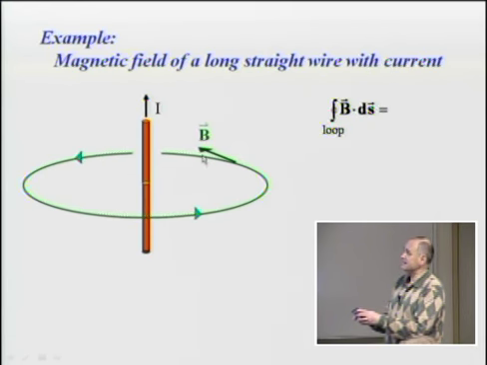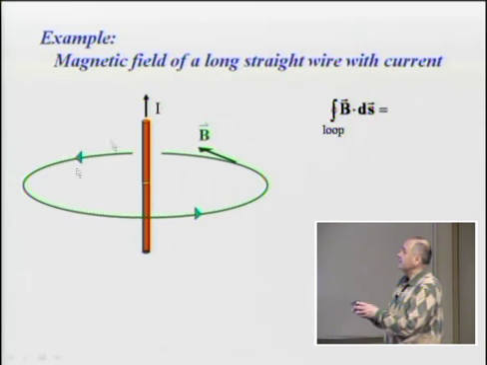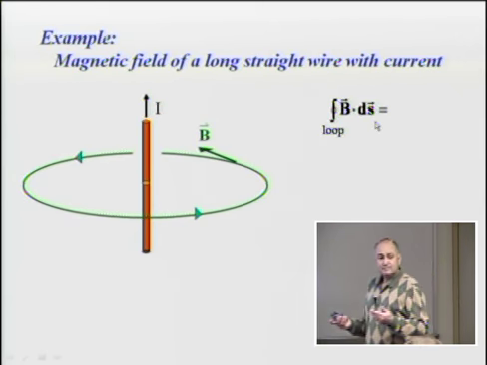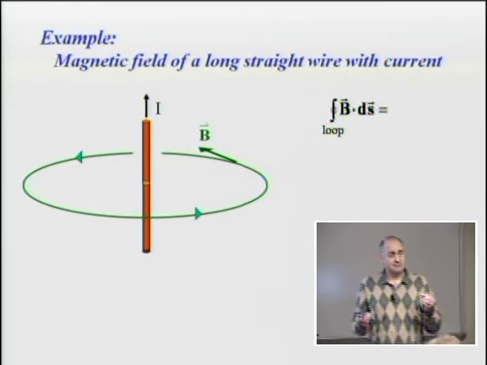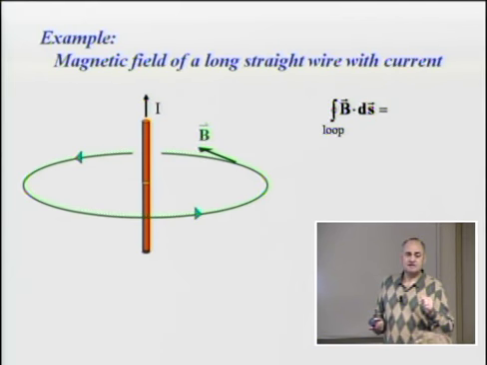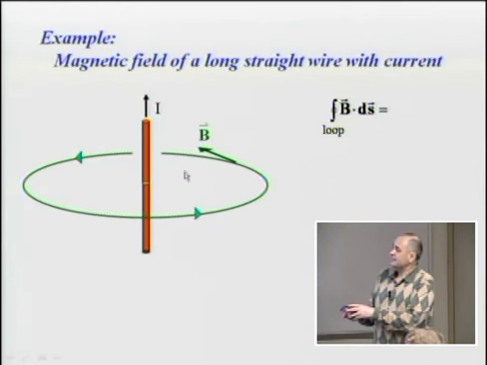We have to divide this line into tiny pieces, and to each piece we have to assign a segment vector. I remind you that the segment vector is assigned in such a way that its magnitude is equal to the length of the segment, and the orientation is along the path.